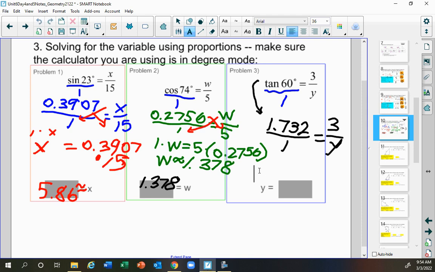So what's going to happen, you're going to have, well, what's 3 times 1? 3. 3 times 1 is 3. But then you're going to multiply by the 1.732 times the y. Let me see if I can move that over a little bit and make that smaller.